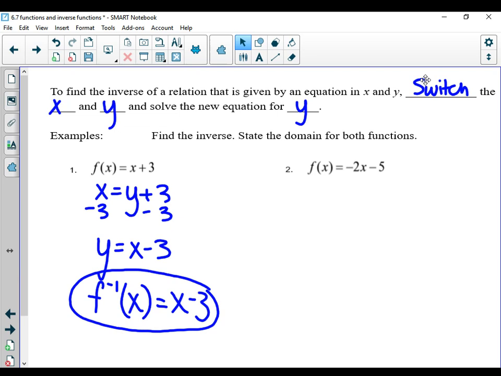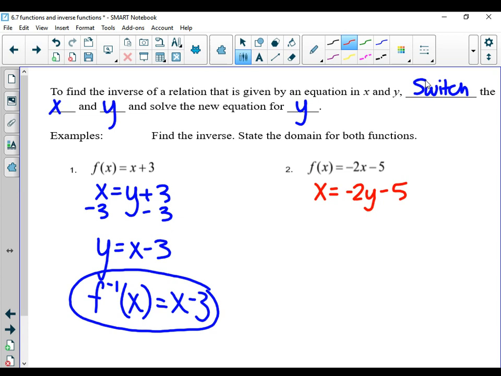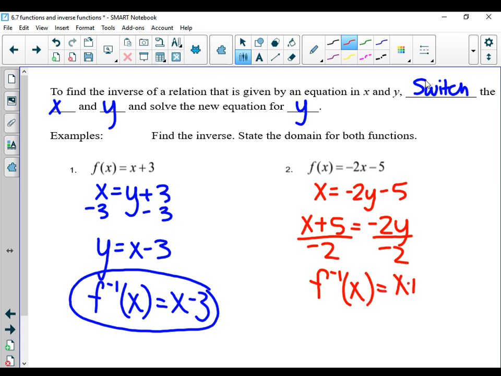So I'm going to go ahead and switch my x and y. So I'm going to add my 5 and then divide by -2. If I am strictly just asking you to find the inverse, I'm really not going to be picky on how you write your answer. You can leave it that way.